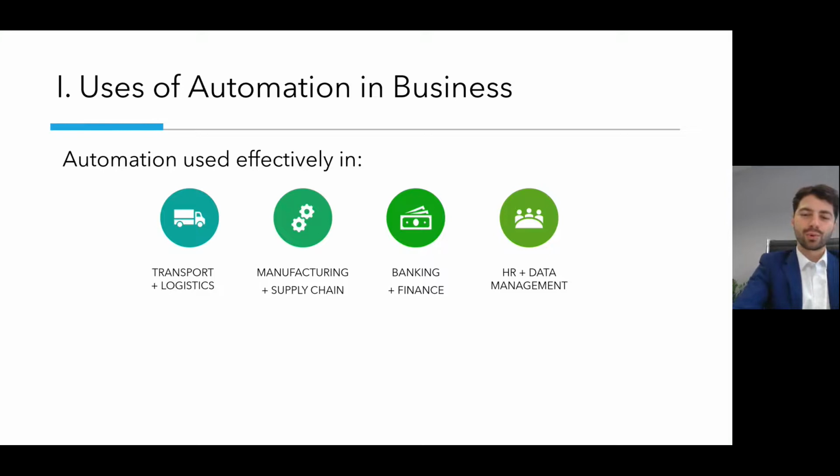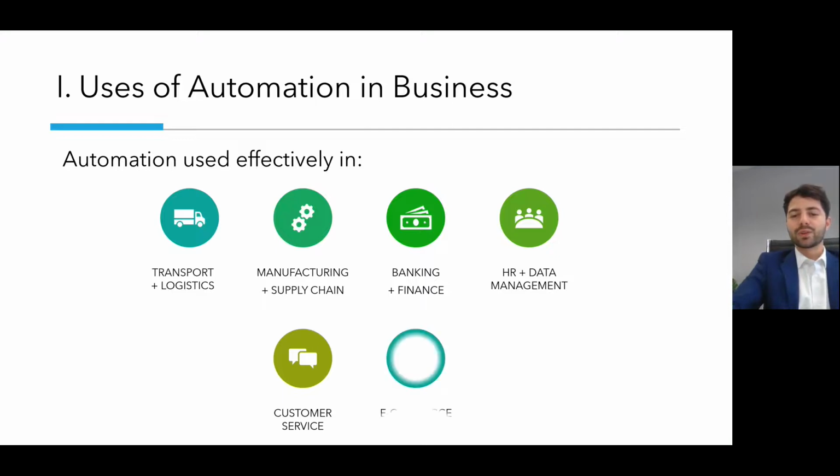But then more broadly, it's used in HR and data management. Like I said, customer service, chatbots, the little window pops up. And then you have your e-commerce. Anything e-commerce based can use automation a lot, just because it reduces the amount of people who have to be sitting on it, which is good.